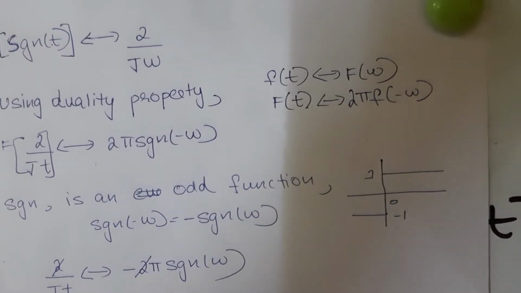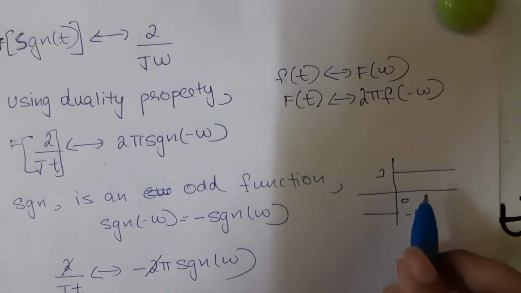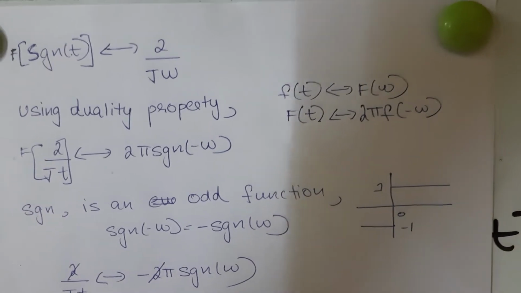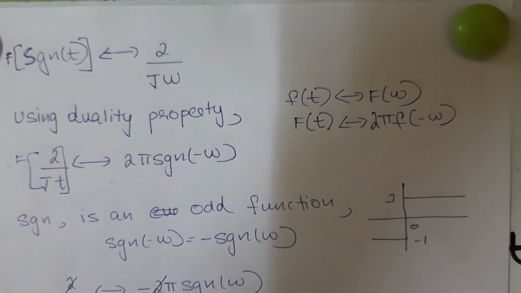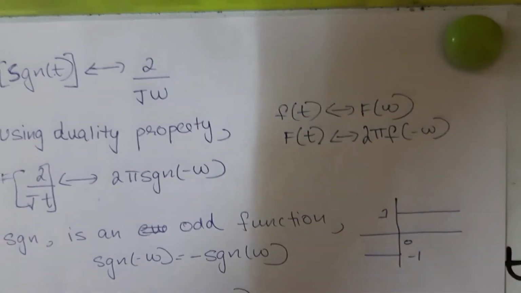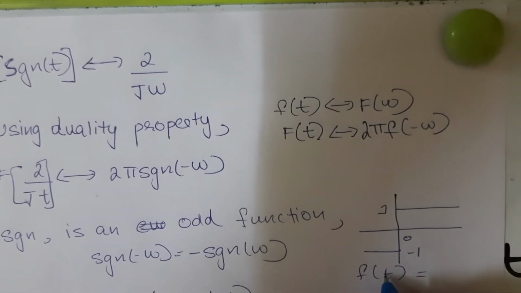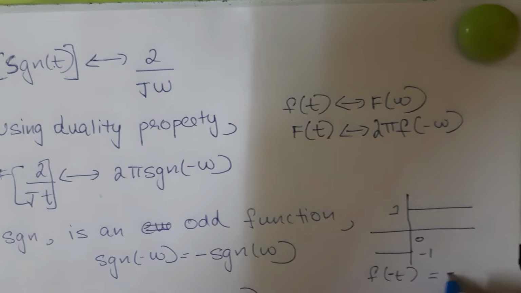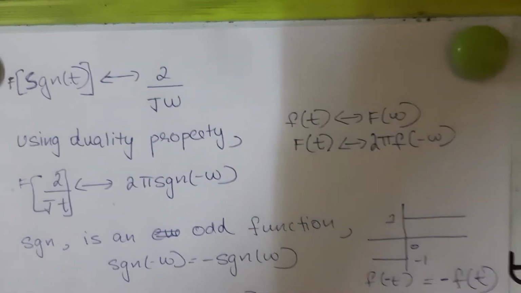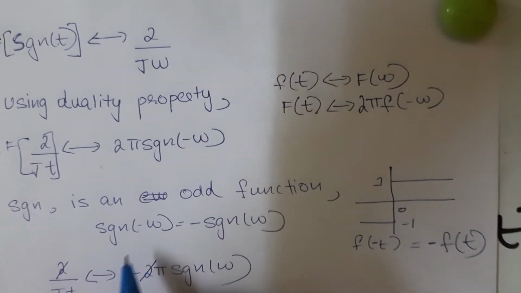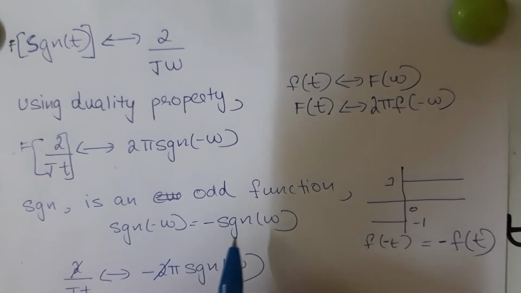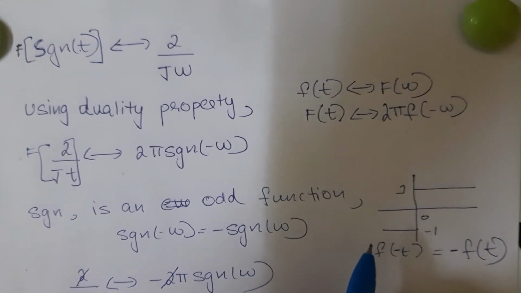Now, we can clearly see that signum function is an odd function. Odd function means f of t is equal to f of minus t is equal to minus of f of t. Same way, signum of minus omega is equal to minus signum of omega.